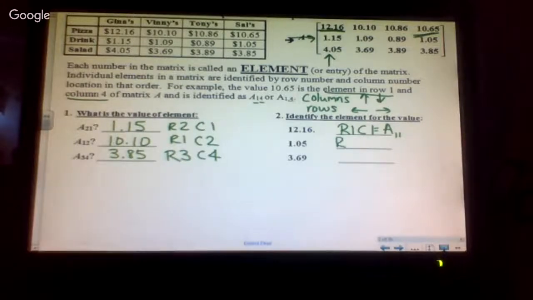Good. Row 2, column 4, which is A sub 2,4. And row 3, column 2 is A sub 3,2.